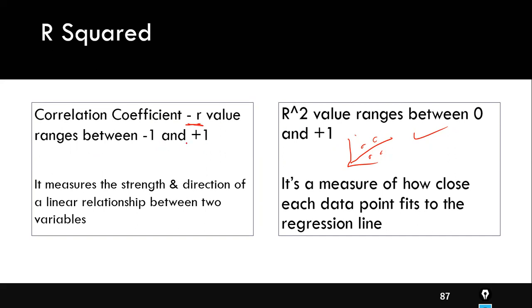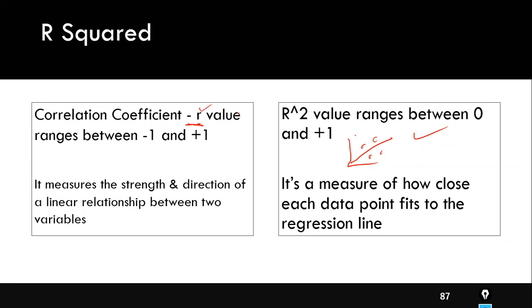They'll ask you the difference between R and R squared. R finds the strength and direction of the relation between two variables, which is nothing but the correlation. Whereas R squared tells us how close the data points fit to the regression line. That is the difference between these two.